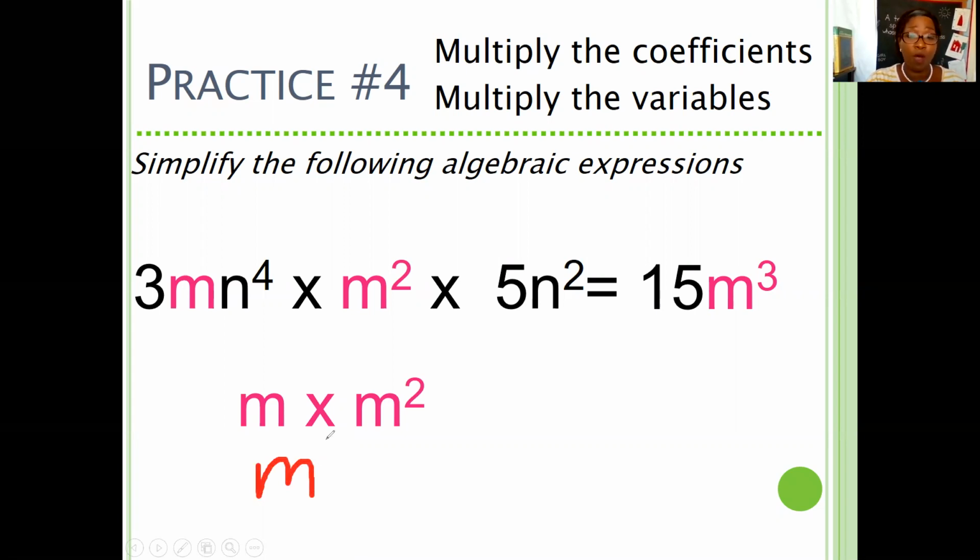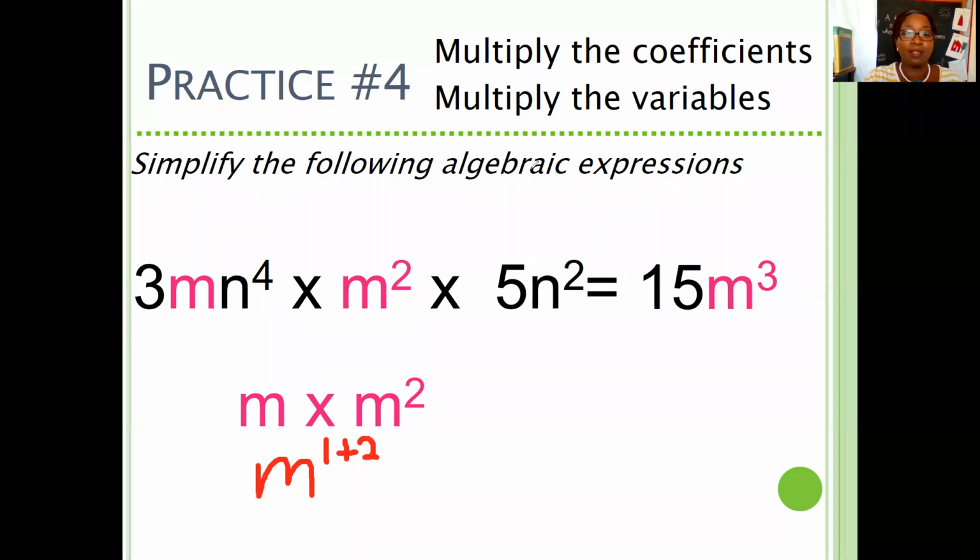We know that 1 is right there, but it's invisible. We don't see it, but we know it's there. All right, and when we're multiplying our variables, we add our exponents. So we have m to the 3rd power. Good. All right, now I'm going to erase that while you work out the final thing that needs to happen.